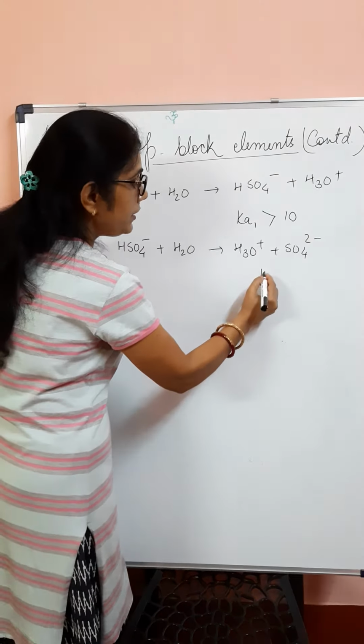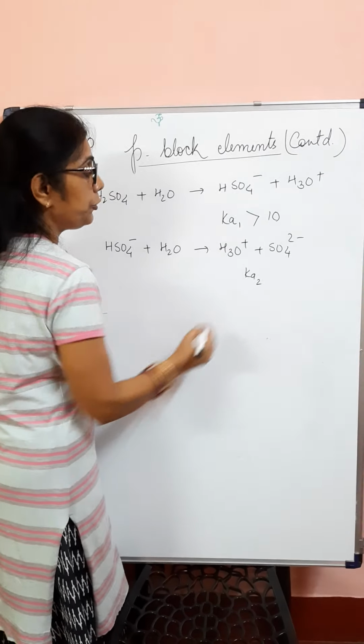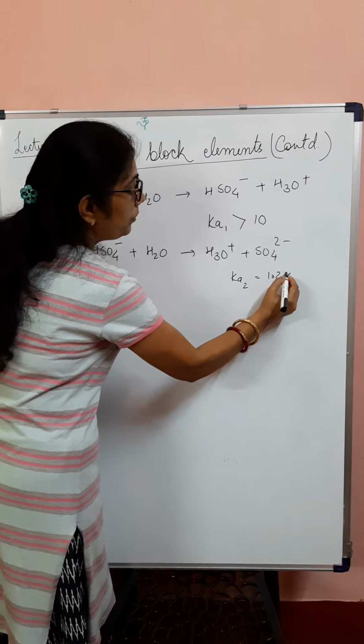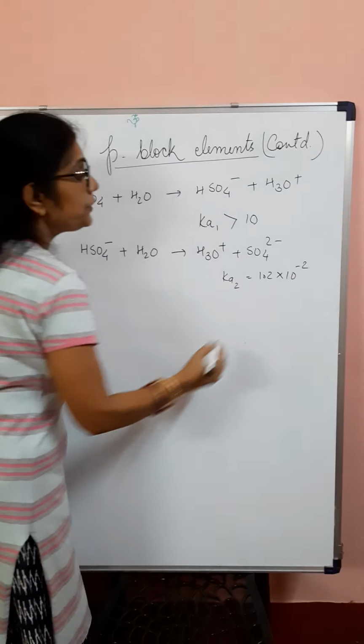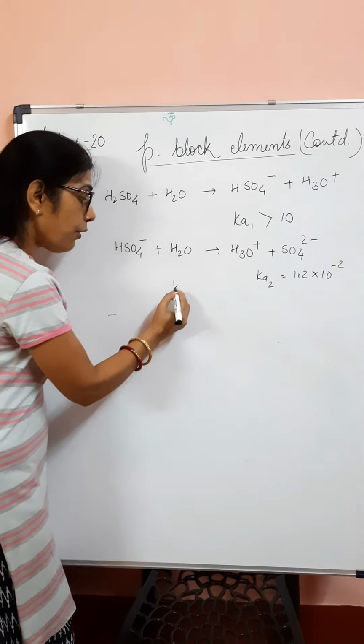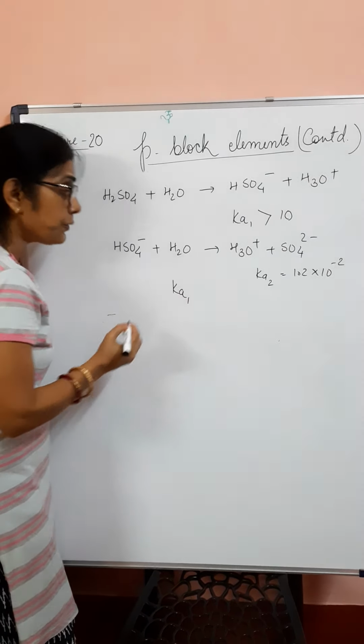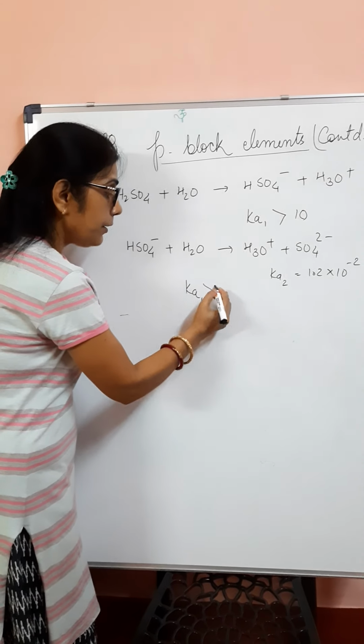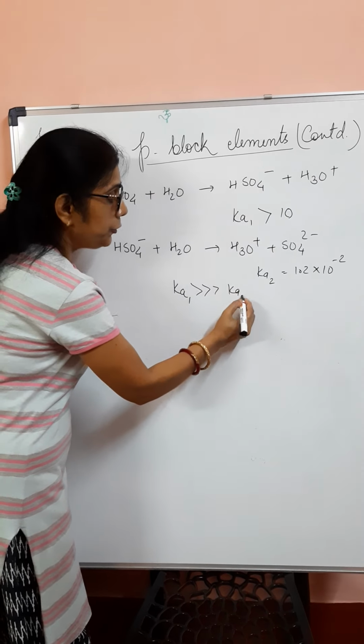In this case the value of Ka2 is 1.2 × 10^-2. So the value of the first acid dissociation constant is more than Ka2.